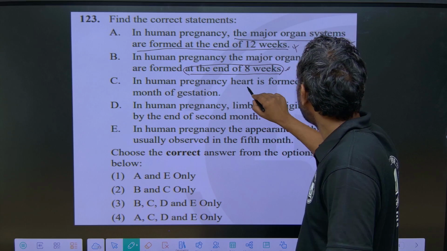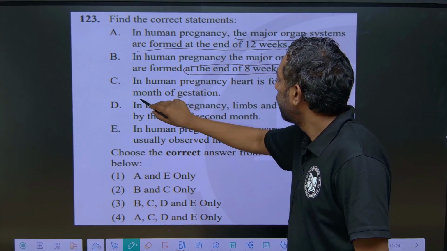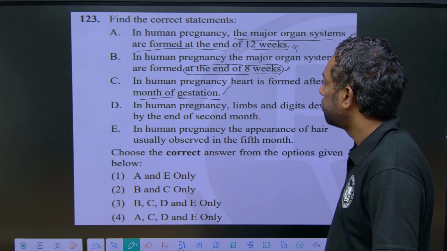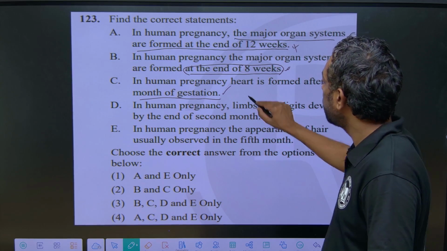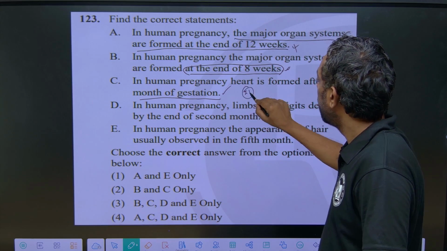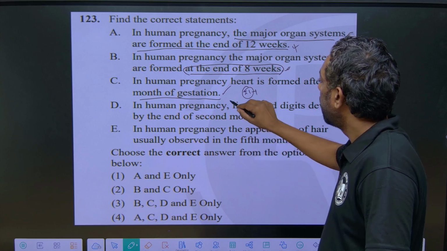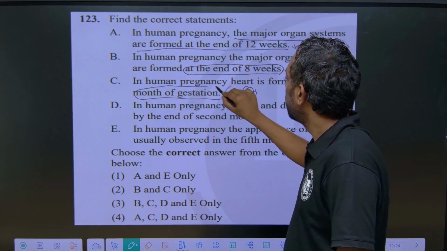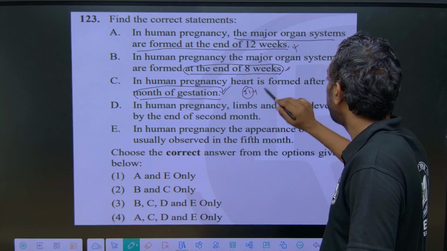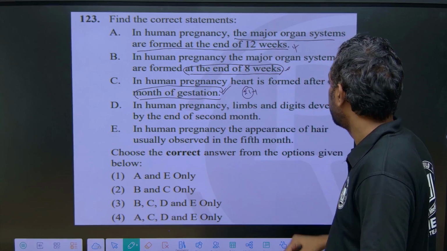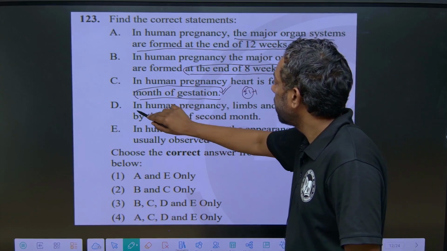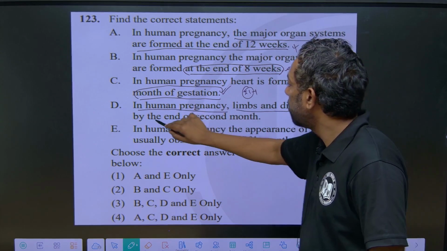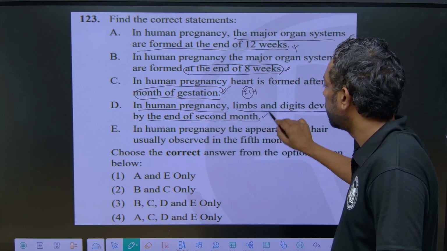Human pregnancy, heart is formed after 1 month of gestation. Heartbeat, yes. First heartbeat is at 21 days of embryonic development. Human pregnancy, limbs and digits developed by the end of the 2nd month.